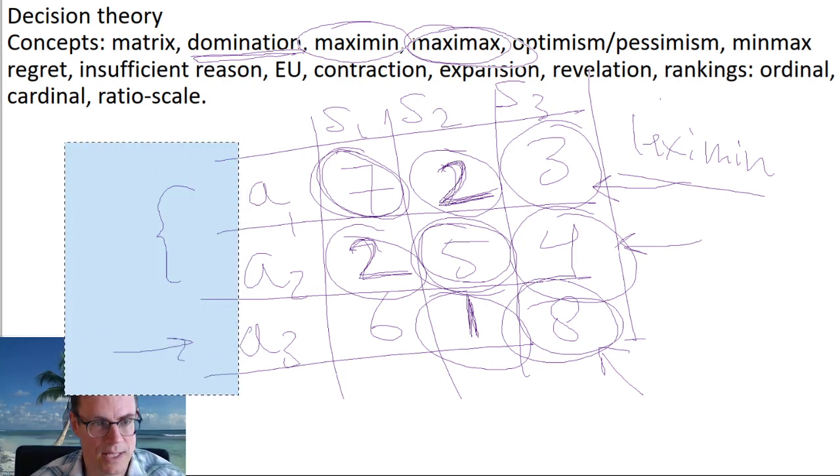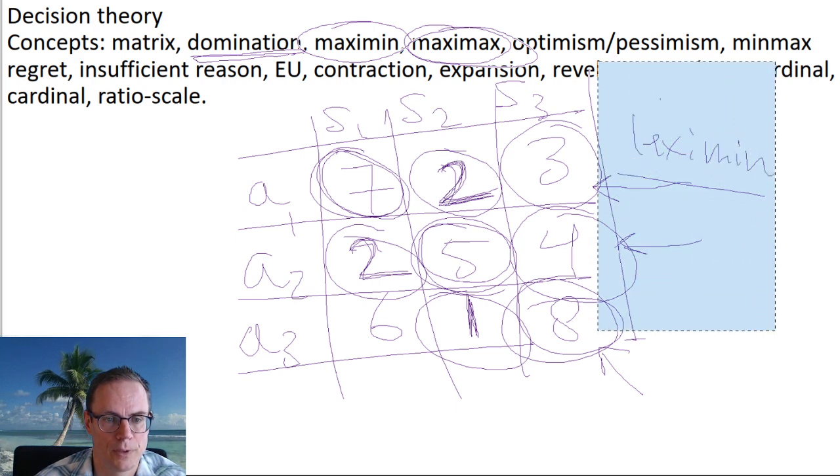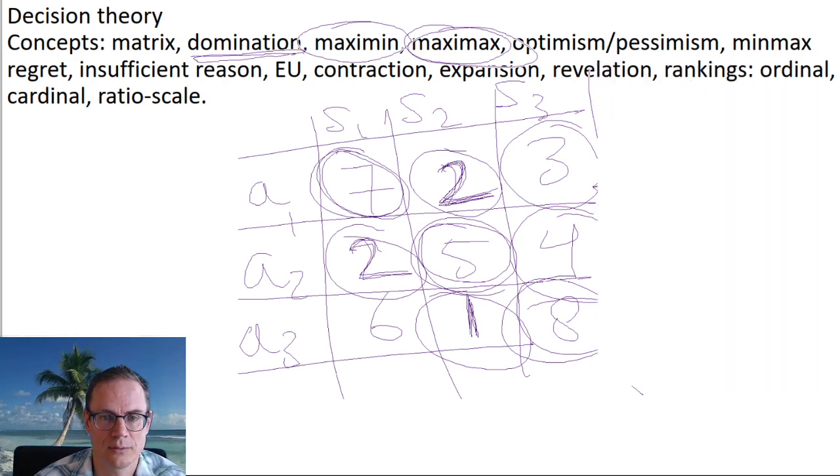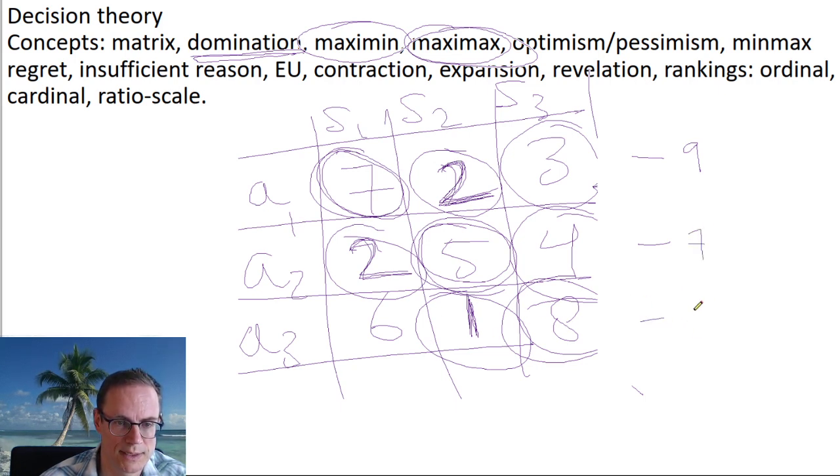Optimism Pessimism says you should look at the best outcome and the worst outcome for each and add them up. So here we have best 7, worst 2, adds up to 9. Best 5, worst 2, adds up to 7. Best 8, worst 1, adds up to 9.